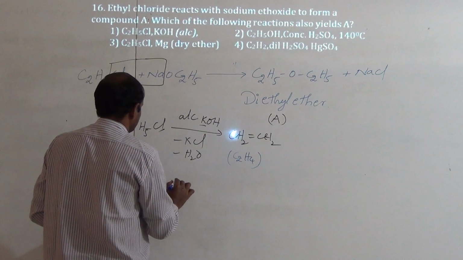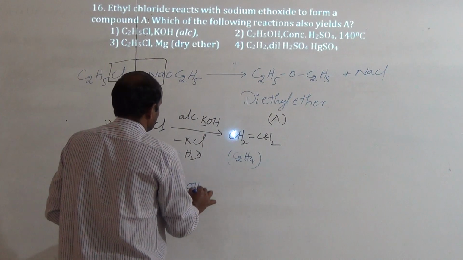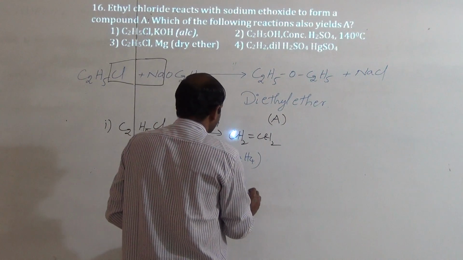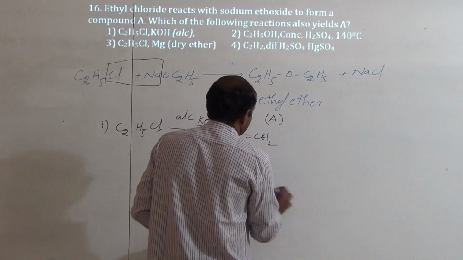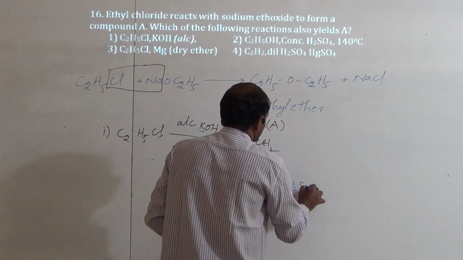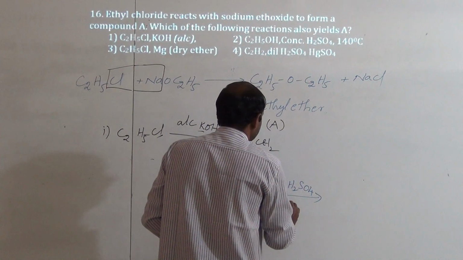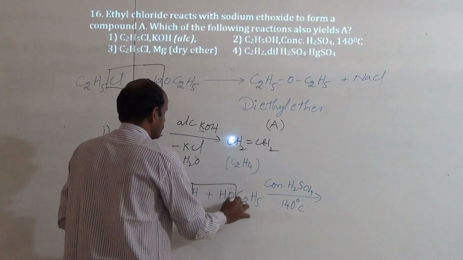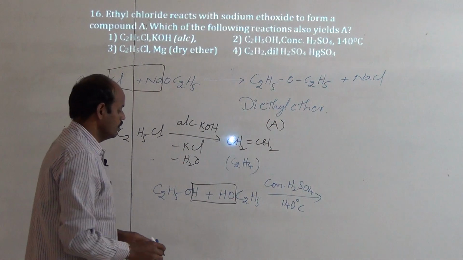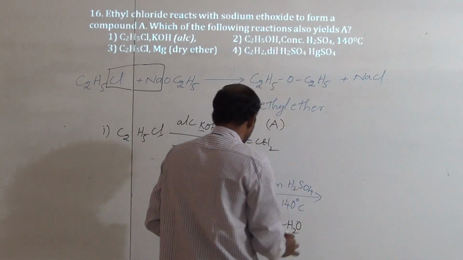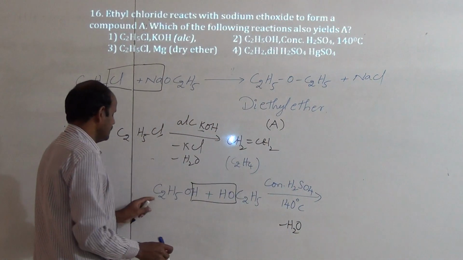What is the second one here? C2H5OH heated with concentrated sulfuric acid. Here 2 moles of ethyl alcohol react with each other in the presence of concentrated sulfuric acid H2SO4 at 140 degrees Celsius. Here H and OH removed as water. Then what is there?